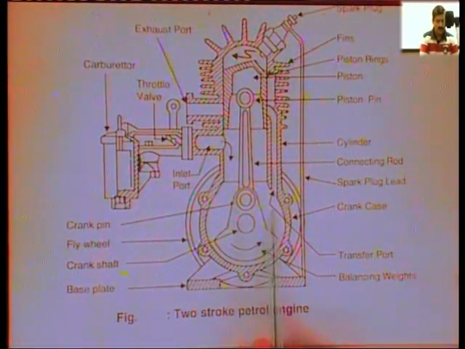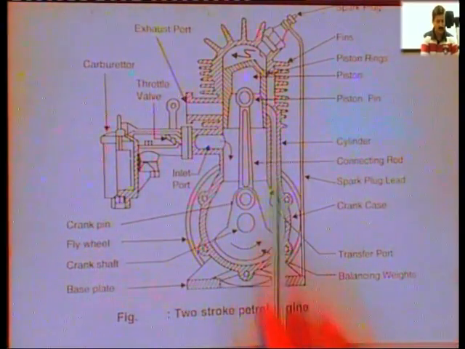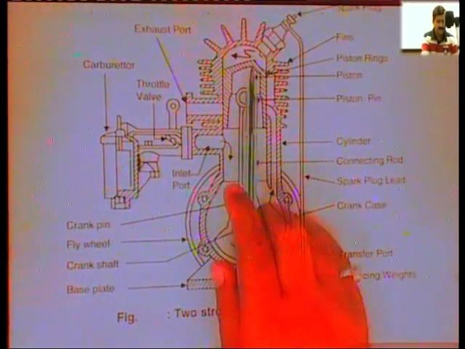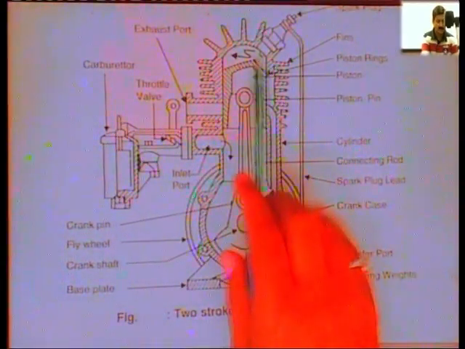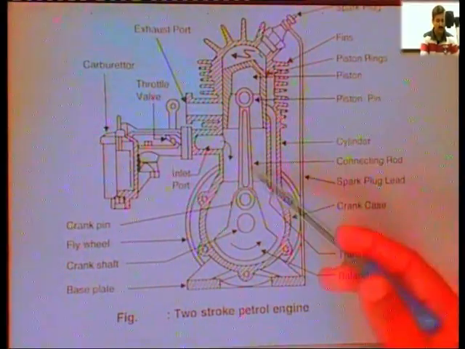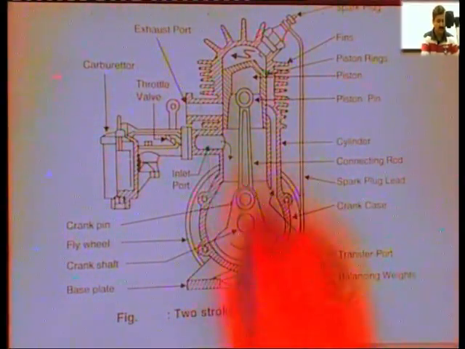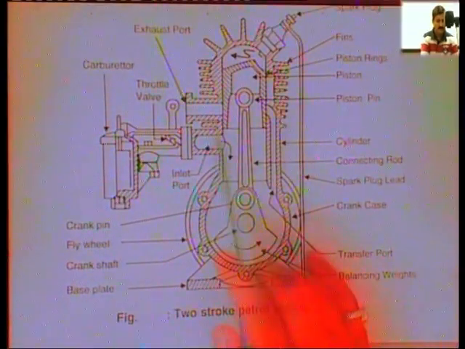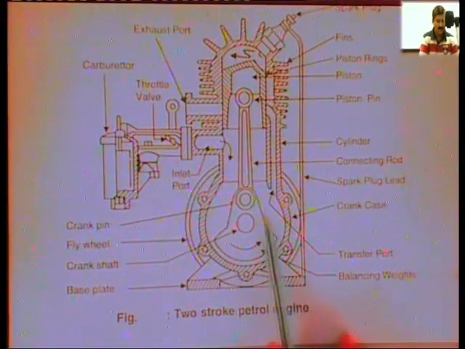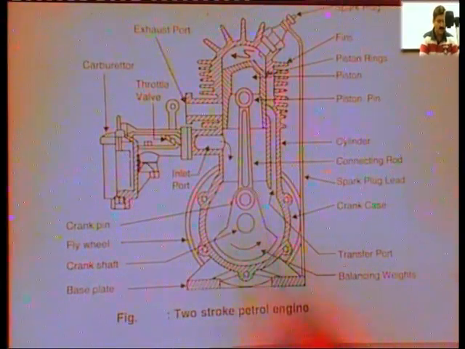The charge moves upward through the transfer port above the piston and gets compressed, and with the help of spark plug we give the spark and the mixture is ignited, and again we get the power stroke. This is the exhaust port through which the exhaust gases move. But here we can see that the lubricant is also coming along with the petrol into the crankcase. It also serves the purpose of lubrication here.